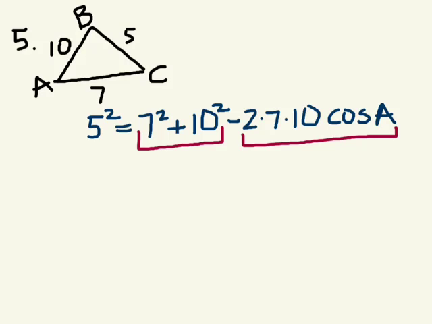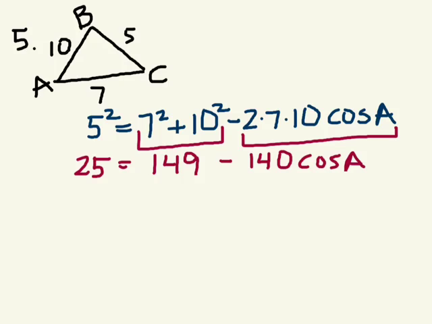So our first group here, 7 squared plus 10 squared is 149. 2 times 7 times 10 is negative 140. And that's all equal to 25. So this is where you have to be careful with your order of operations. It is very tempting to do that subtraction, but don't do it.